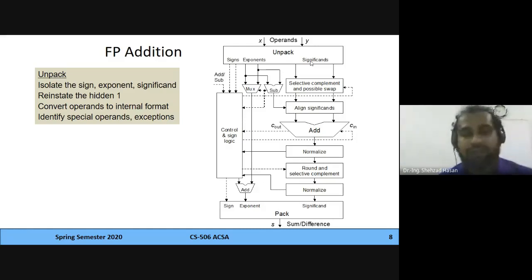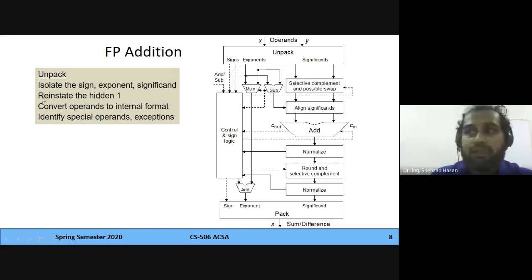These values have different bits, so there is nothing difficult in this unpacking process. You just separate the first bit, the next 8 bits, and the next 23 bits, if you're talking about a single precision number. For both operands x and y, we do the same thing: we separate the sign parts, exponent parts, and significand parts.